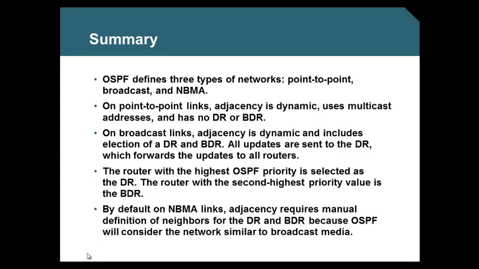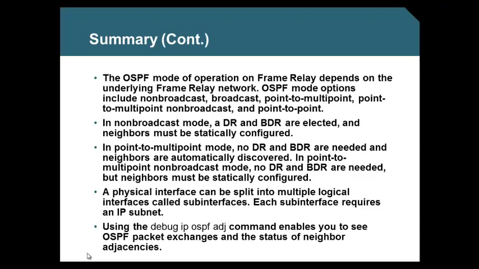At last, to troubleshoot, we have debug IP OSPF adjacency. Another command, debug IP OSPF events, will show even the hello packets. Right, that brings us to the end of this chapter. Any question you may ask now?